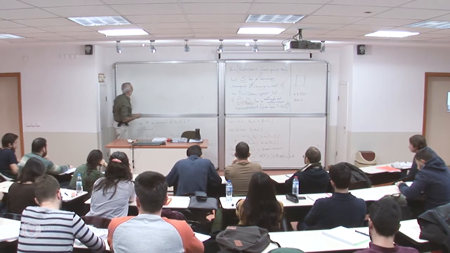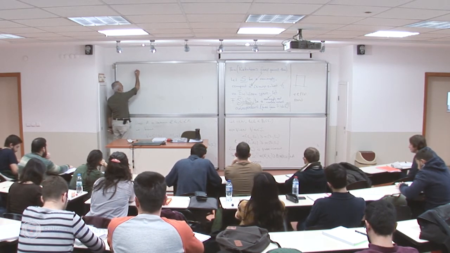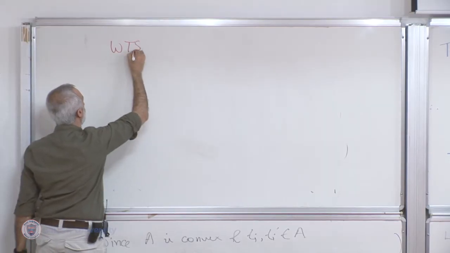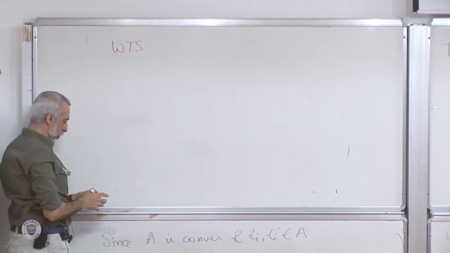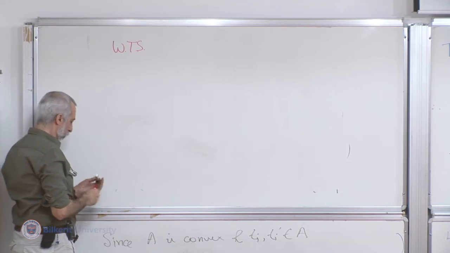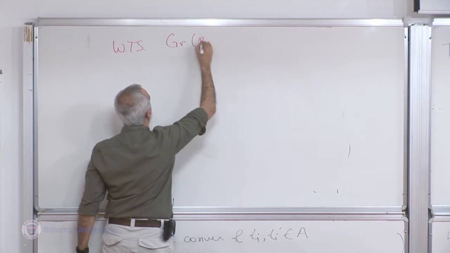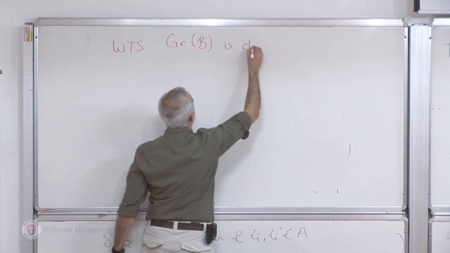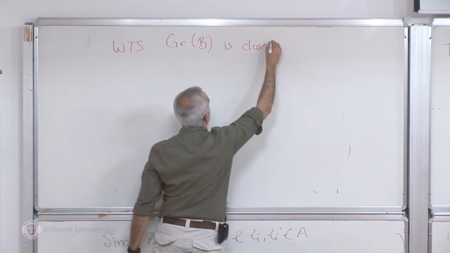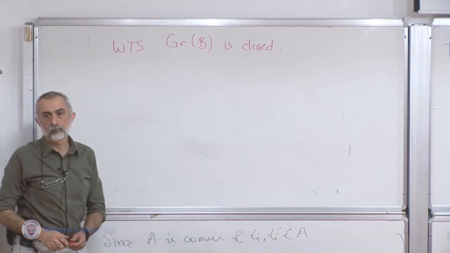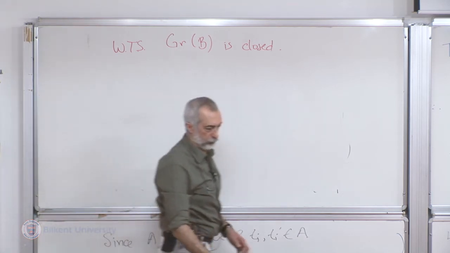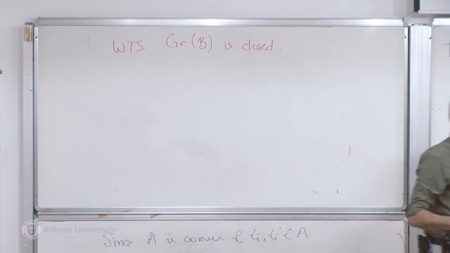So we want to show, what do we want to show? Graph of B is closed, is a closed set. Okay. So how do you show that?